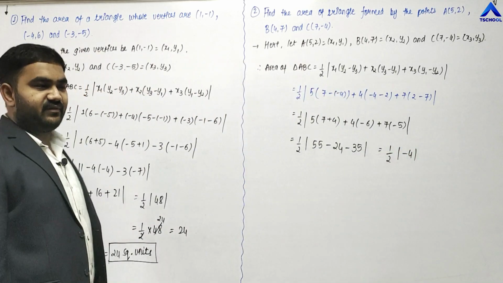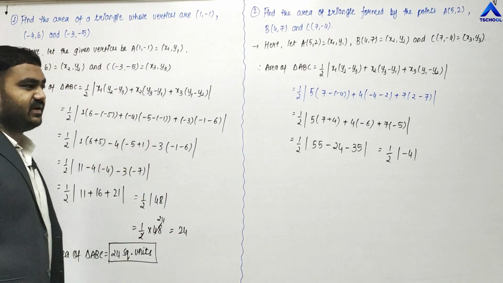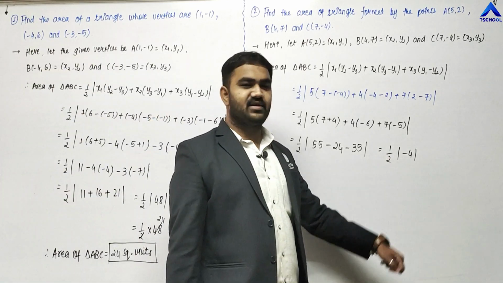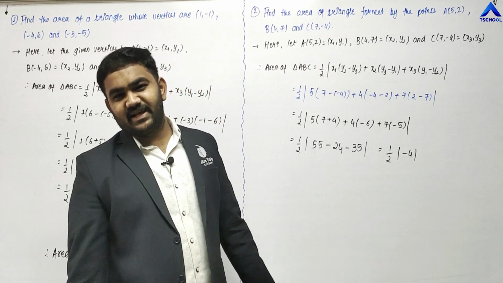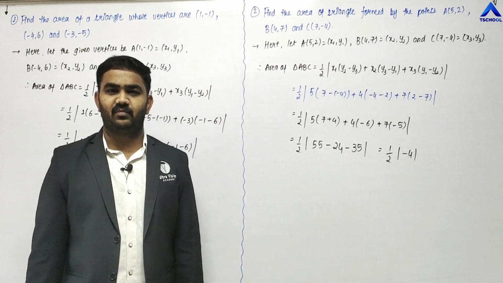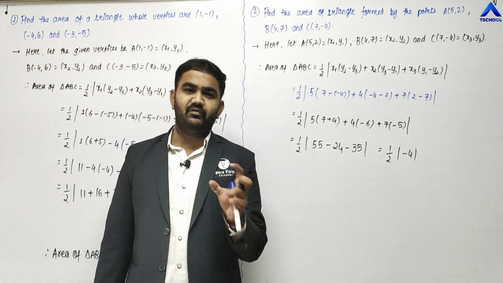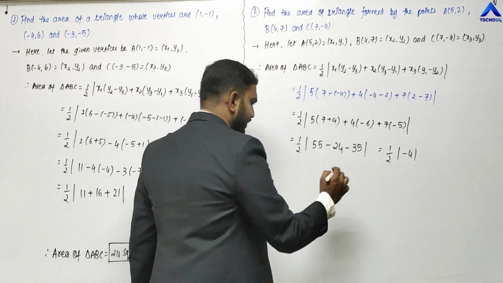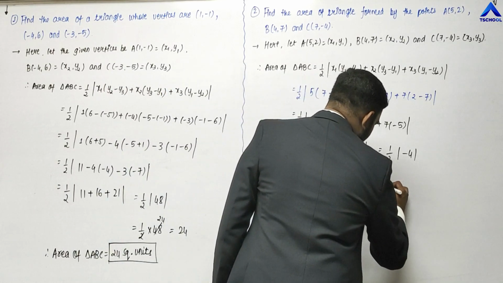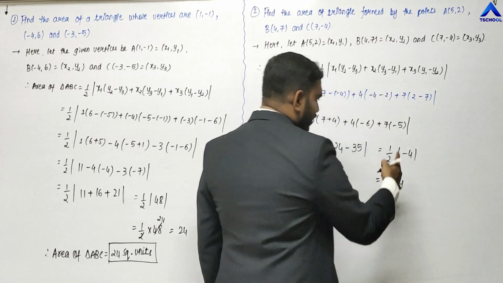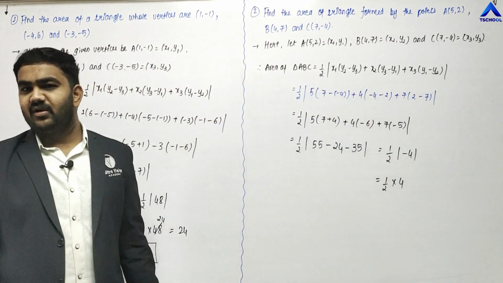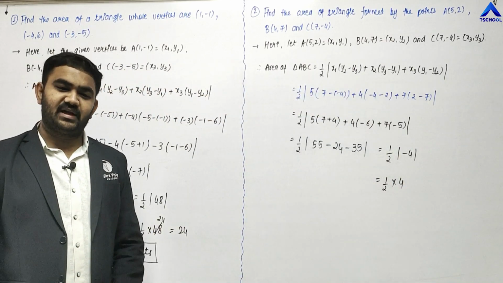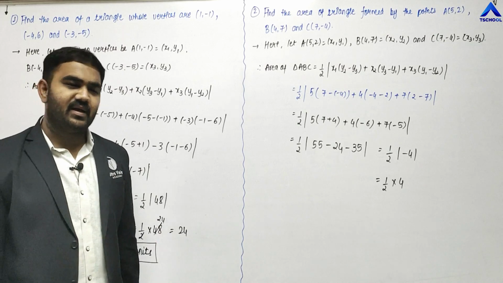Now you can see here, friends, that in this case we have the modulus of minus 4. As I said, what is the property of modulus? Modulus makes the negative number positive. So here we will write this as 1 by 2 into 4, because that negative number will be changed to positive and the modulus will now be removed.